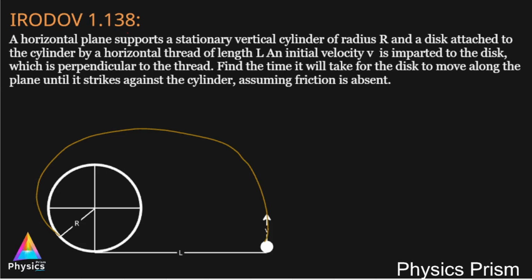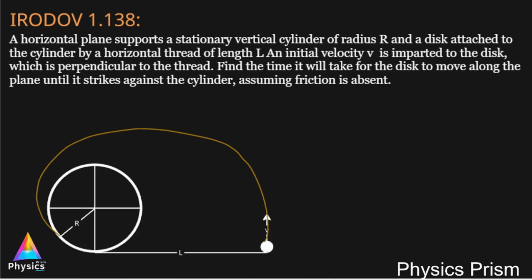This is the cylinder, this round figure, and this is our disc, imparted with a velocity v and tied by a rope of length L. And this is the trajectory. The yellow line is the trajectory of this disc when it moves along the constraint of that rope.